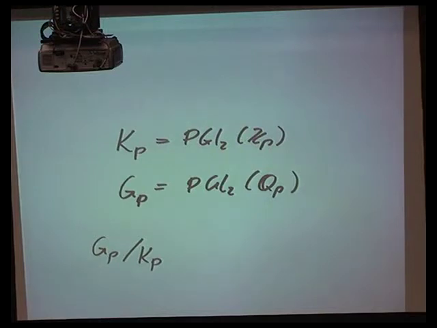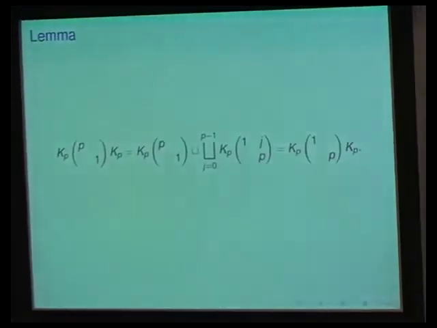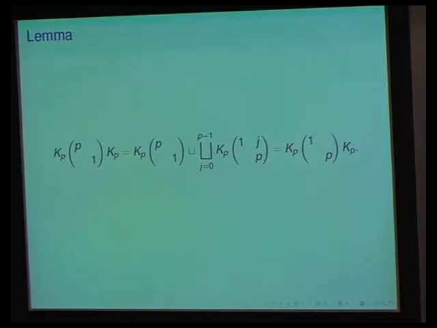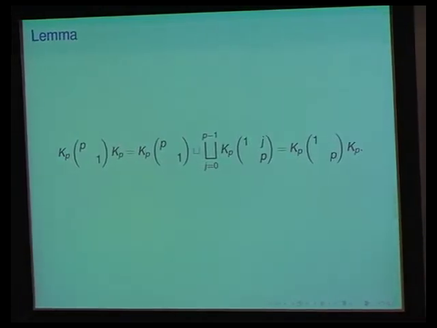So here I do some slightly awkward looking calculation. KP is a compact open subgroup of the p-adic group GP. So it's compact because Zp is compact, and it's open because Zp is open in Qp.